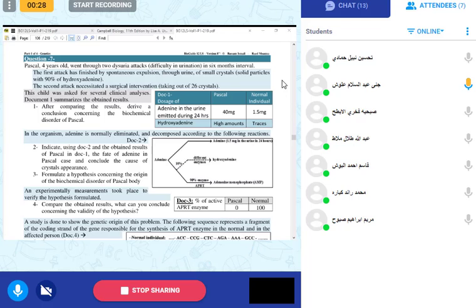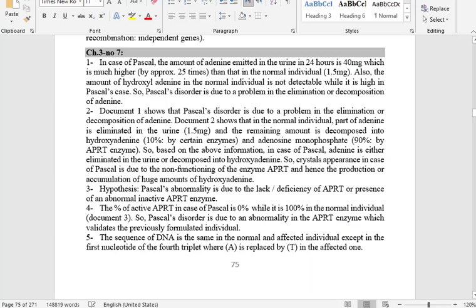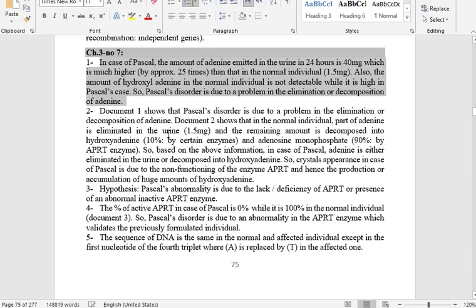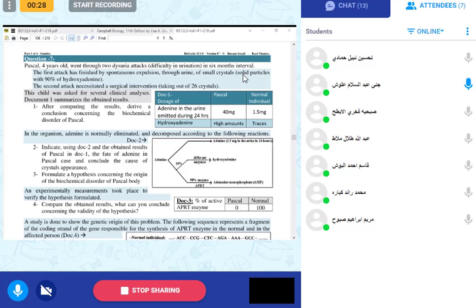The adenine in the urine of Pascal during the 24 hours is 40, which is 40 what? 40 milligram. Which is a higher amount than the normal individual, which is 1.5 milligram.